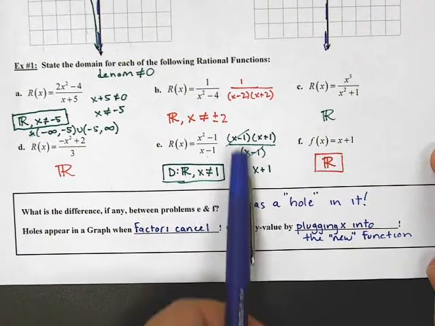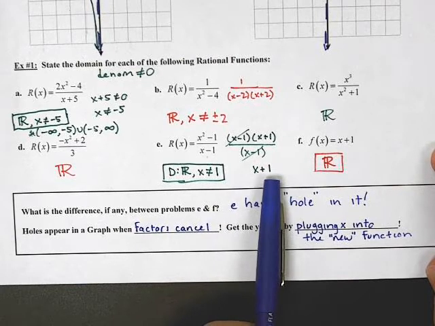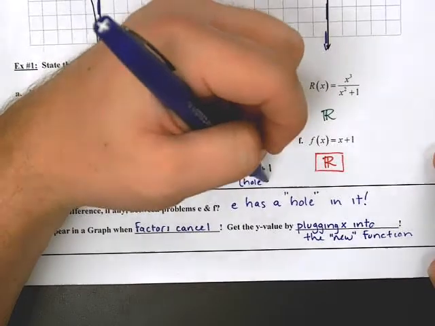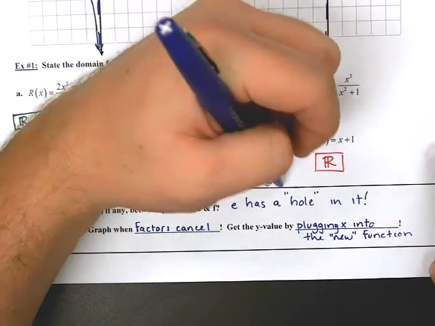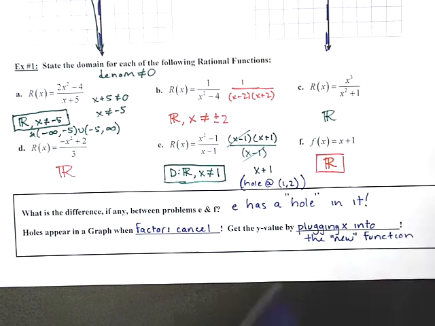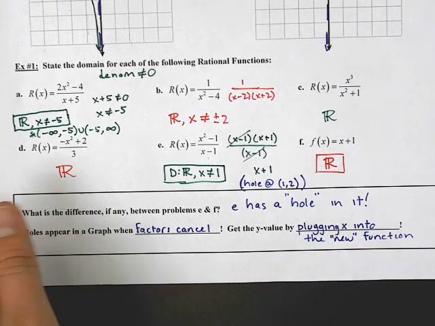That's what I found. But if I plug 1 in, 1 plus 1 is 2. So here I know that the hole is at 1, comma 2. That is what we're looking for. And again, we're throwing a lot at you here in the first video just to learn some stuff.